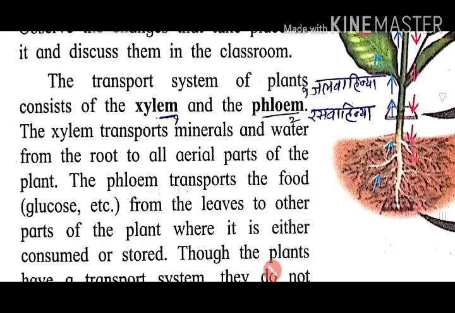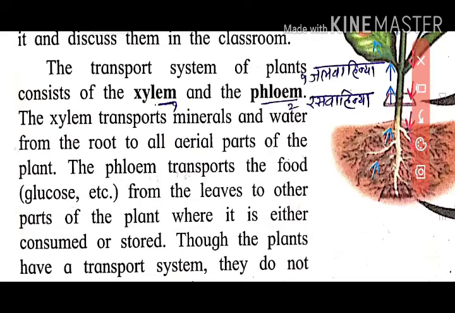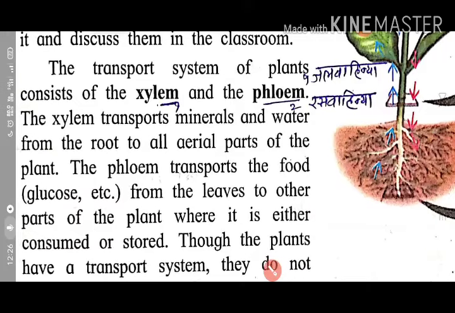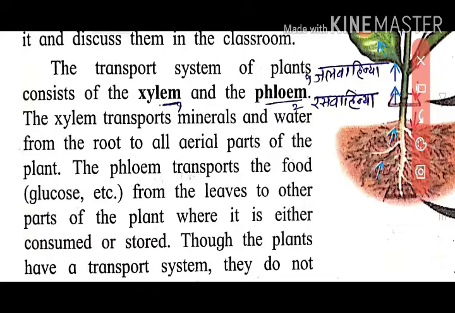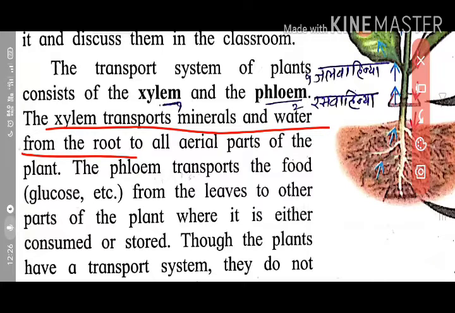Transport system of plants. In every plant there is a transport system. In that system there are 2 types of tissues, xylem and phloem. Xylem tissues transport minerals and water from the root to all aerial parts of the plant.